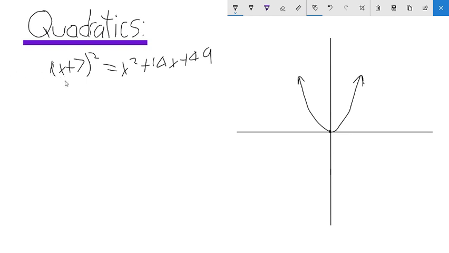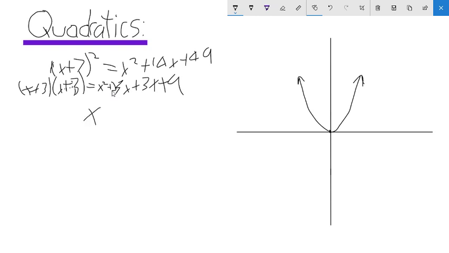Okay, so then what if we do x plus 3? Let's think about that. If we have x plus 3 times x plus 3, then we will have x times x is x squared. Then we will have 3x, so add a 3x, and then we're going to have 3x again. And then we're going to have 3 times 3 is 9, plus 9.